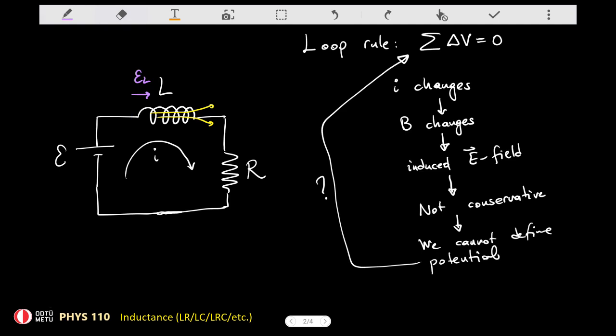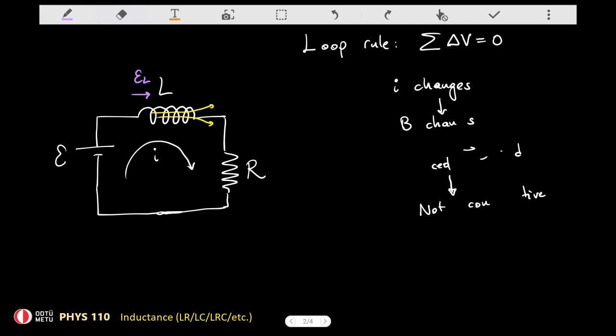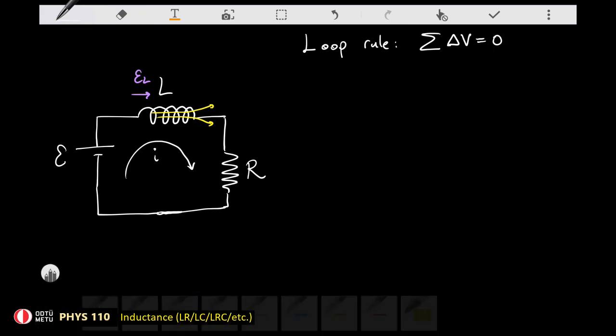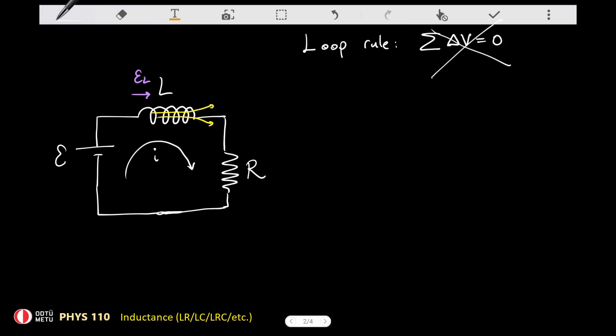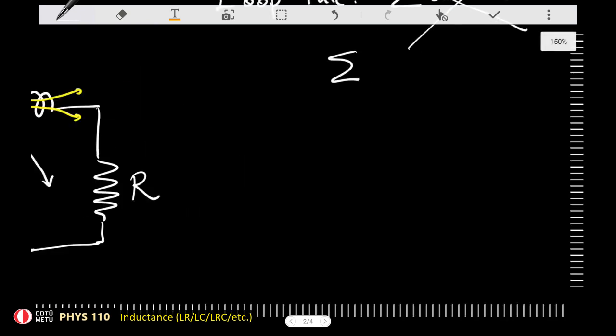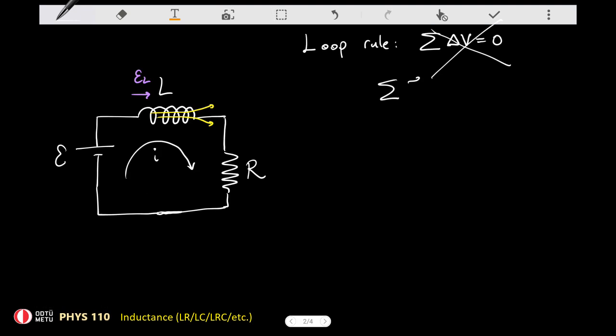So let me erase everything in here except this loop rule thing. Right? So I'm just going to say that this form of the loop rule is not valid, so let's just forget about it. But this form can be written down. If you remember, this is something that we have said: the sum of the EMFs is equal to the sum of the current times the resistance, or the potential drops on the resistors.